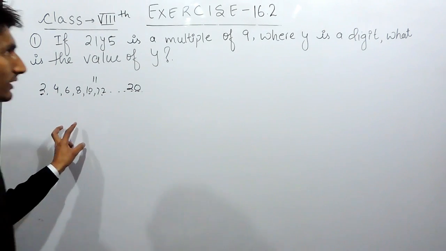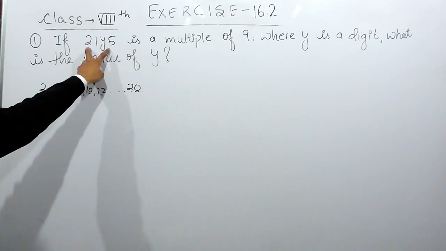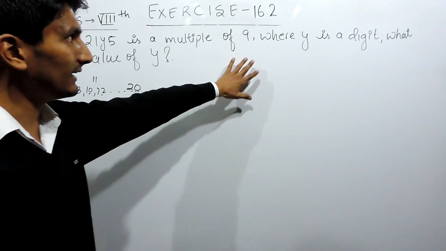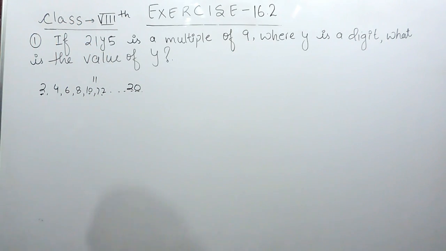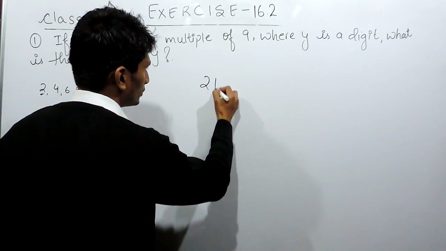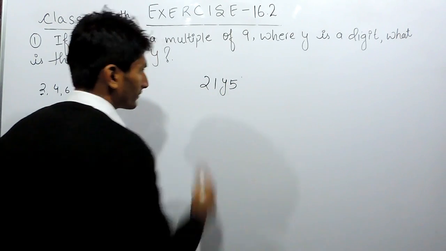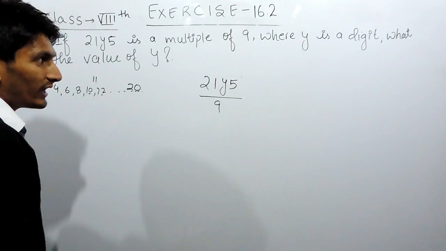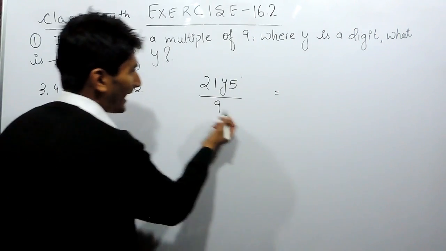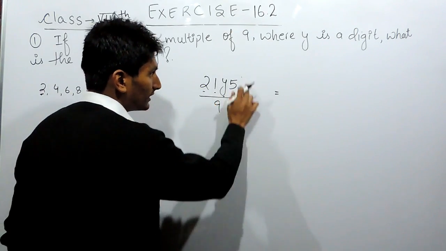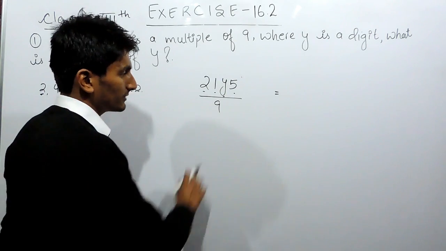So we have come to this conclusion that if this is a multiple of 9, it must be divisible by 9 completely. Now we know the divisibility rule for 9: if I have any number, like 2, 1, y, 5, and I have to check whether it is divisible by 9 or not, I have to add all the digits in this number, and the sum of these digits must be divisible by 9.